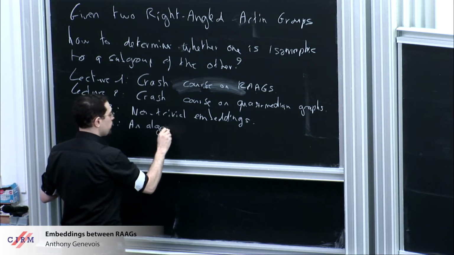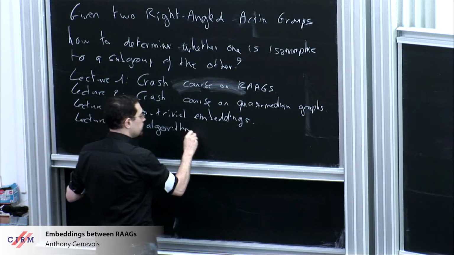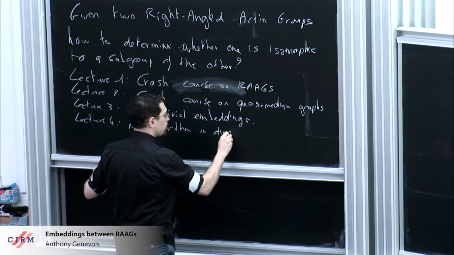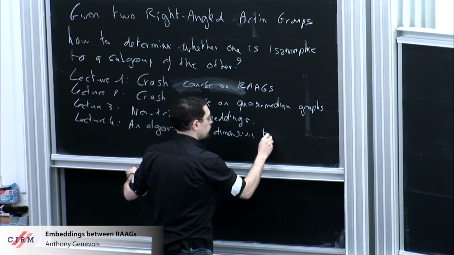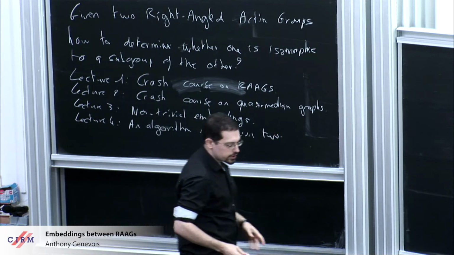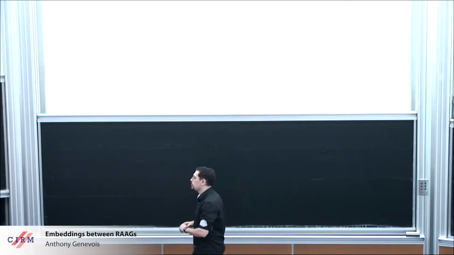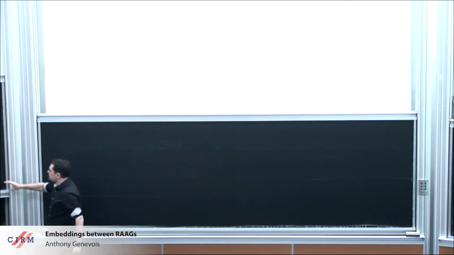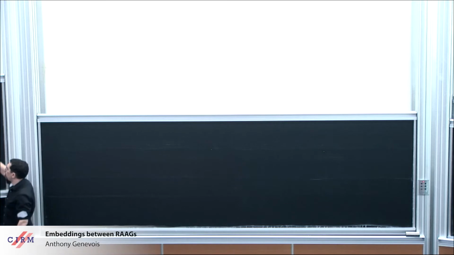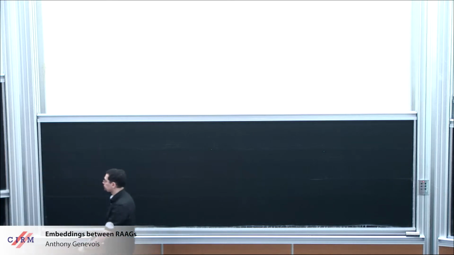So an algorithm in dimension 2. Okay. So in full generality, we basically don't know how to solve the problem, but if we restrict ourselves to some subclass of right-angled Artin groups, it is actually possible to solve the problem thanks to an algorithm.